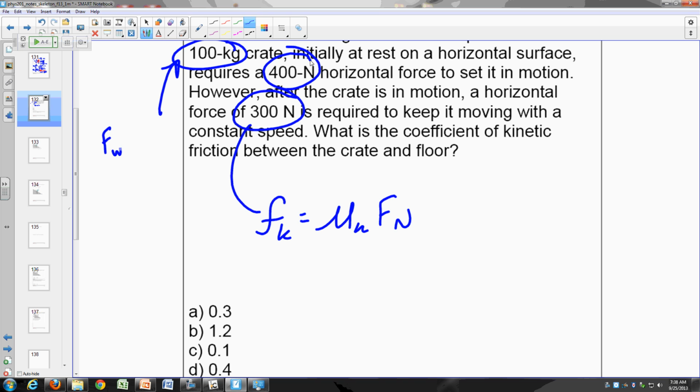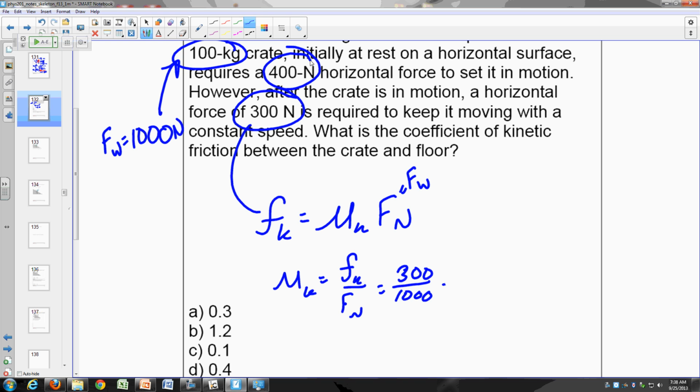That means the weight of that crate is 1,000 newtons, or 980 newtons, if you will. And since it's on a horizontal surface, the normal force is equal to the weight. So I can solve for mu k is Fk over the normal force, which is 300 over 1,000, which is 0.3.